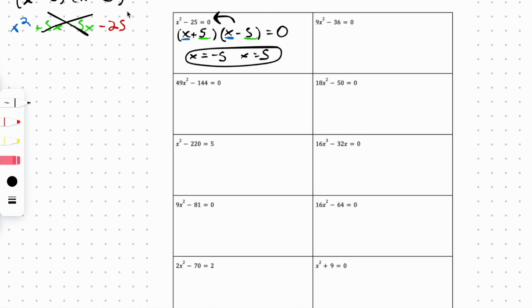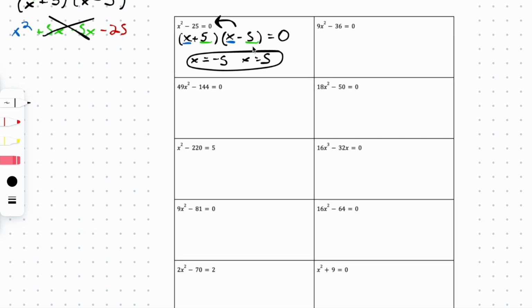This isn't like a normal difference of squares problem where we have, for example, x plus 5 and x minus 5. By the way, we would call the relationship between these two parentheses conjugates, because we have the same terms, but it's a plus in the middle and the other one's a minus in the middle. So x minus 5 is a conjugate of x plus 5.